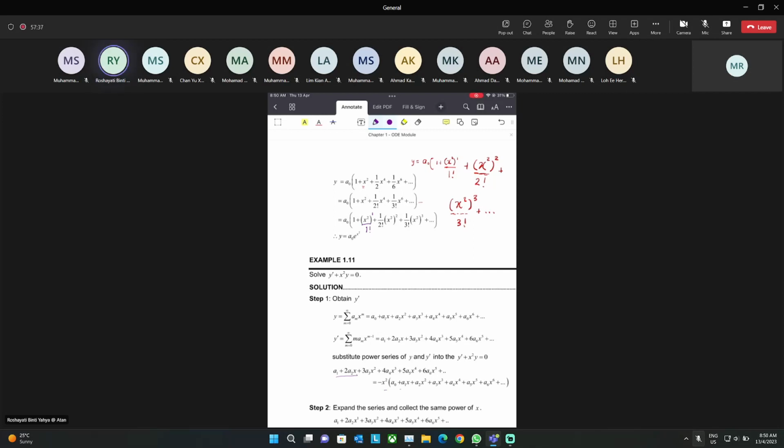Factorial means that, for example, 2 factorial equals 2 times 1, 3 factorial equals 3 times 2 times 1. So that's why your final answer becomes exponential of x squared.